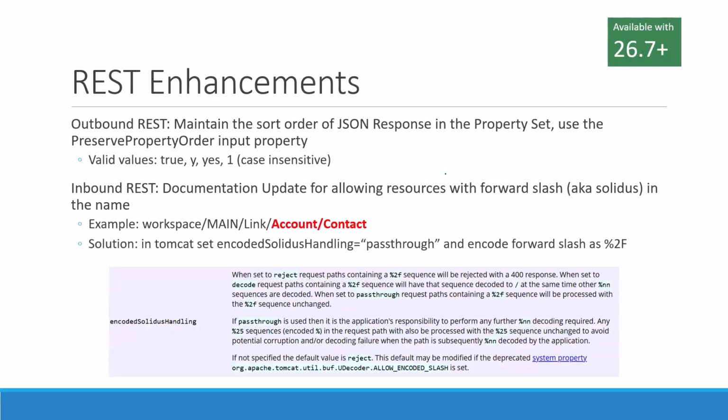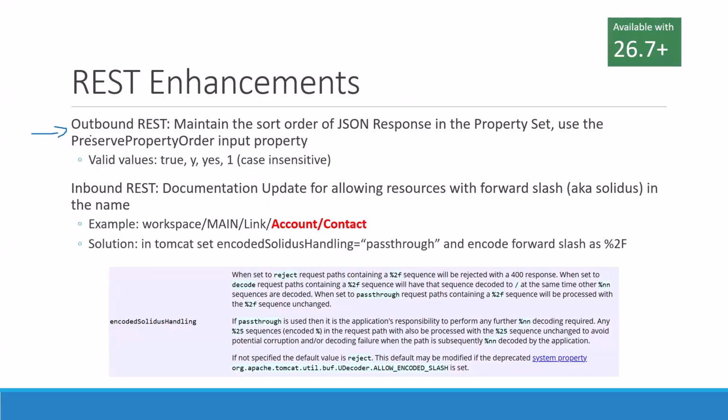Okay, and for the REST users, there are also two interesting things I found while reading Bookshelf. For outbound REST, you can now define an input property into the outbound dispatcher service call you make. It's called preserve property order.